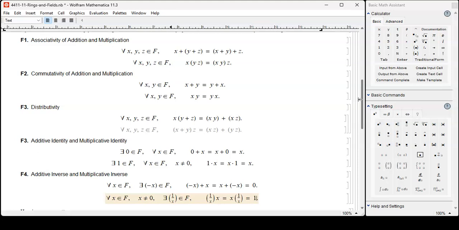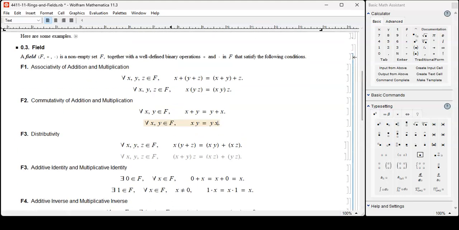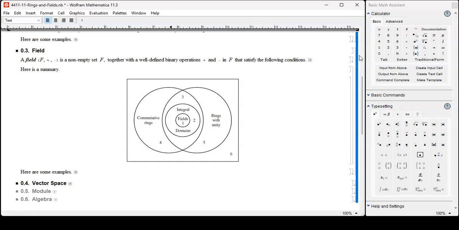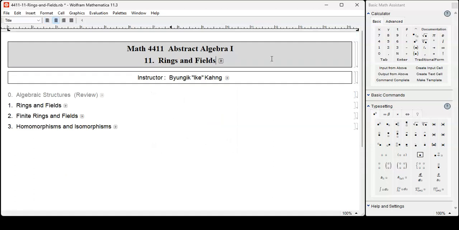The answer is no. We don't have the commutativity of multiplication. By the way, here's a summary. Field, integral domain, commutative rings and rings with unity, and general rings like that. Okay, so much for the general definitions.